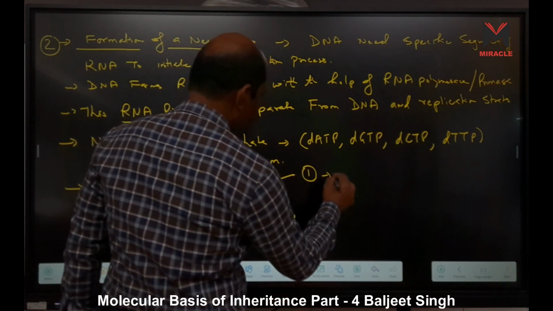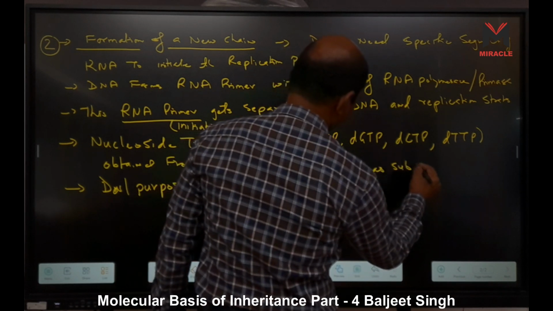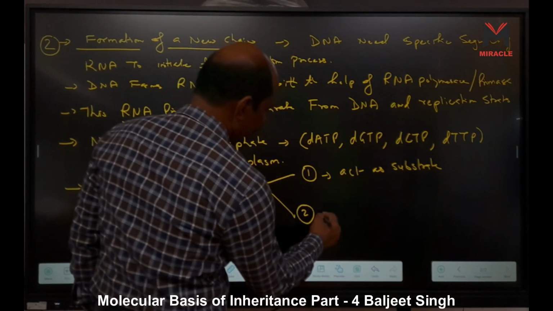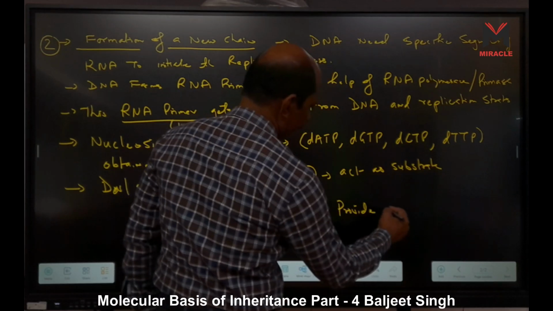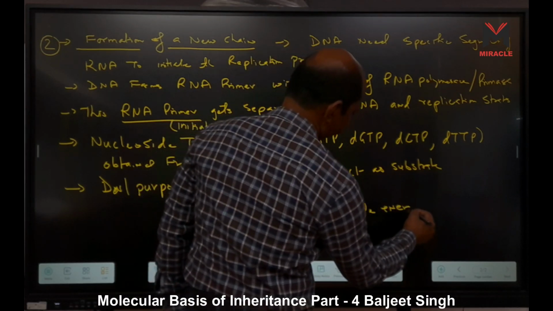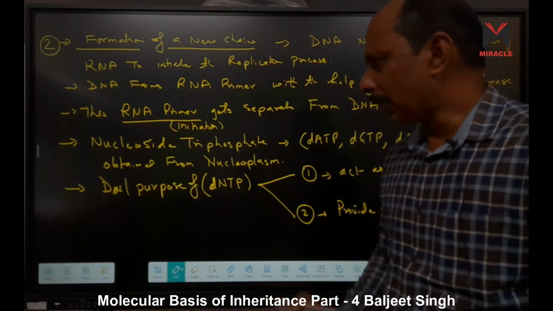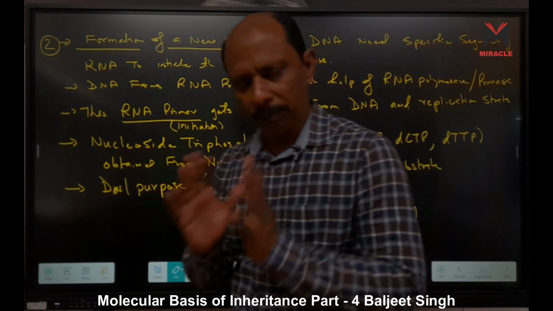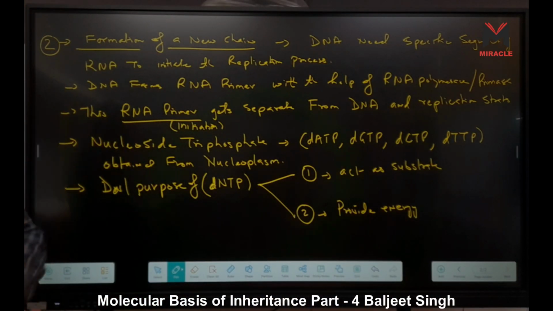First function, they act as substrate, and the second function is they provide energy. This energy is released when their two terminal phosphate groups are removed, right? When these two terminal phosphate groups are removed, then what happens?